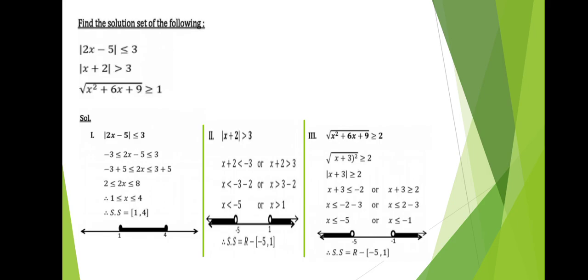From the first one we move 3 to the other side and get x smaller than or equal to negative 5, and the second one we move 3 to the opposite side with the opposite sign, so x bigger than or equal to negative 1. So here our solution set will be the real numbers except the interval negative 5 to negative 1, open and open. Clear.